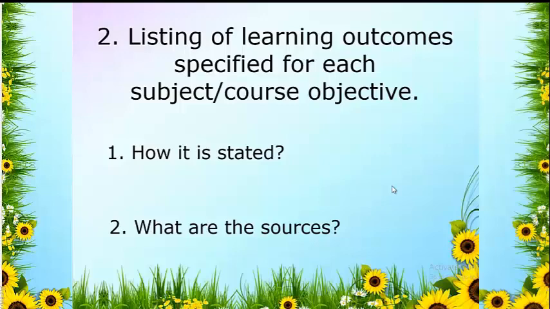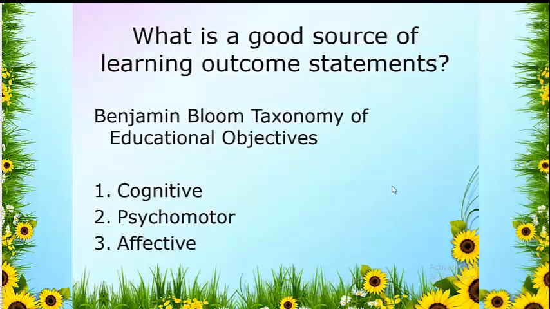A good source of learning outcome statements is the taxonomy of educational objectives by Benjamin Bloom, or we call it Bloom's taxonomy of educational objectives, which is grouped into three.